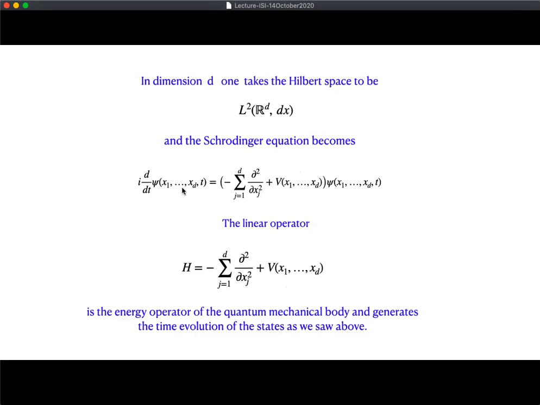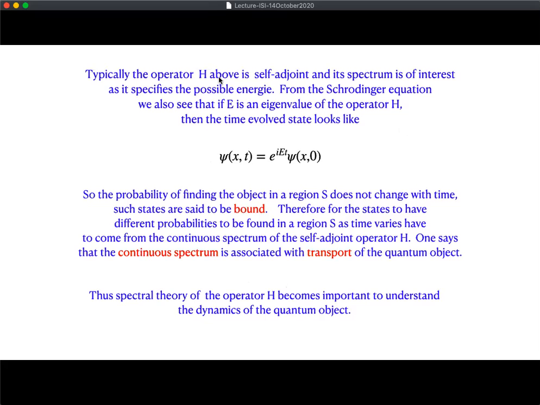So the time evolution of the state is given by a linear self-adjoint operator acting on it. Typically, the operator H above is self-adjoint and its spectrum is of interest because it gives you the possible energies of the system.